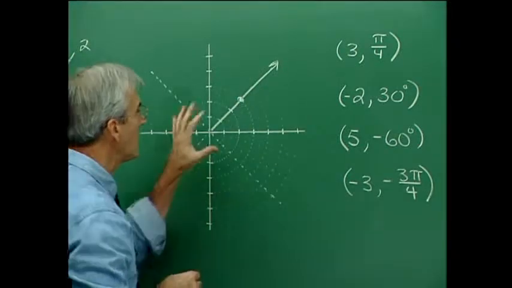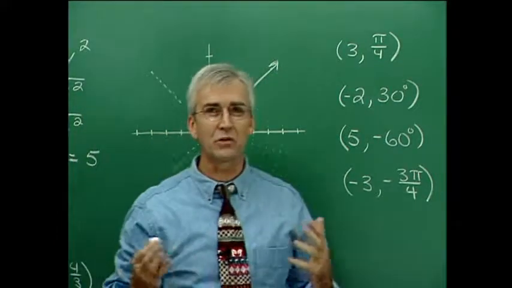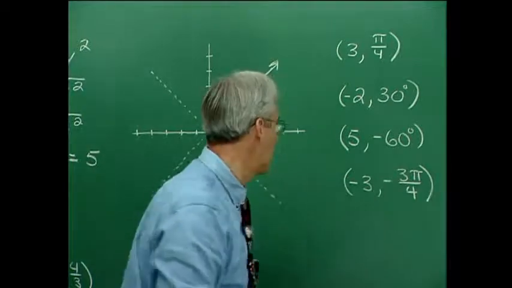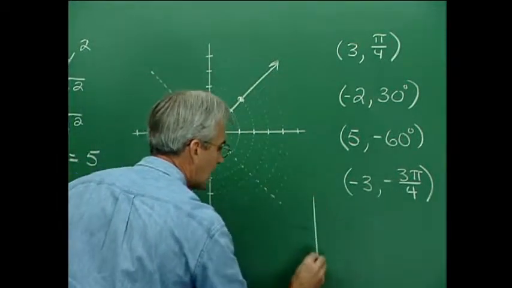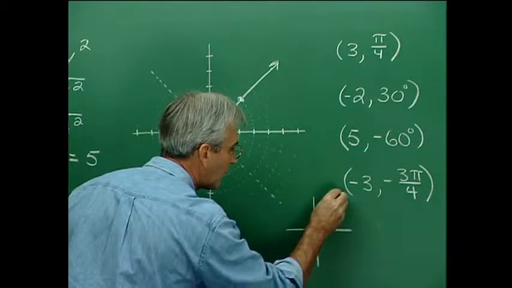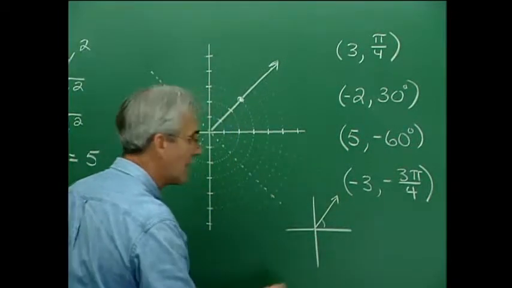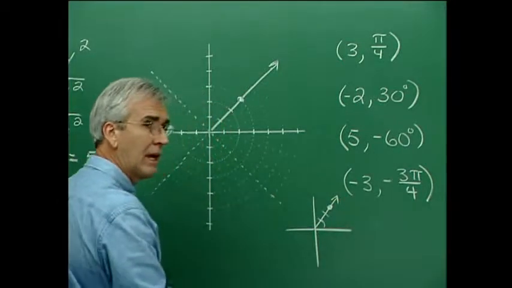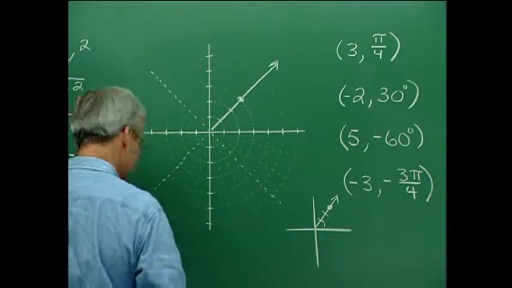Now, if you don't have polar coordinate paper, it's real easy to produce these same angles on a rectangular coordinate plane. If we're thinking about an angle of pi over 4, we're looking at it like this, and then we just measure 1, 2, 3 along that ray. And there we are at the same position.